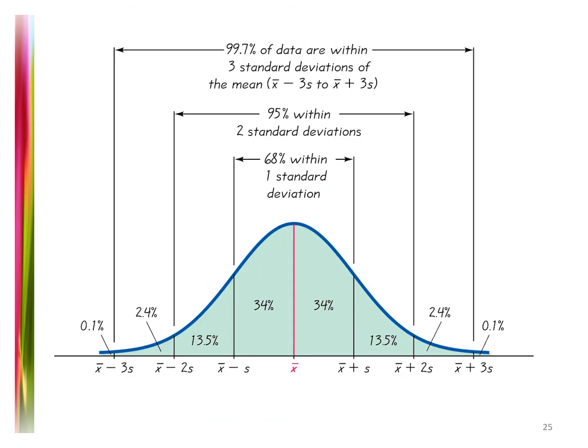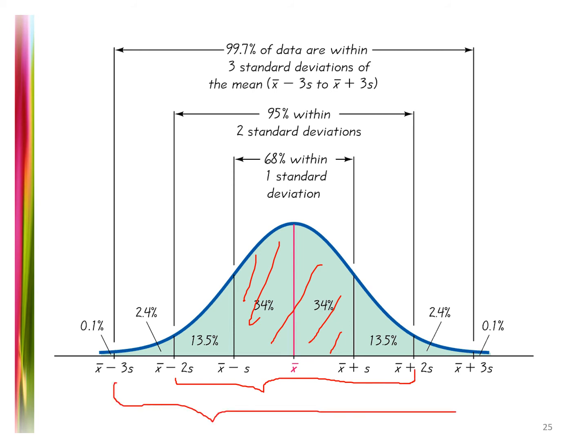In this diagram, 68% of the data fall within one standard deviation limit, 95% within two, and 99.7% within three. Here it is important that your distribution must be bell-shaped or symmetric.